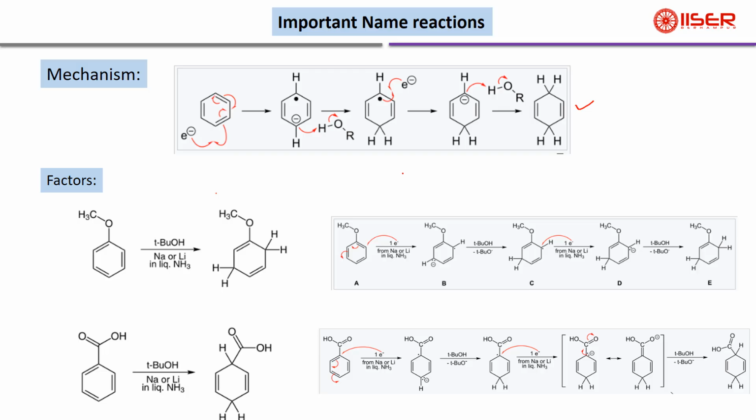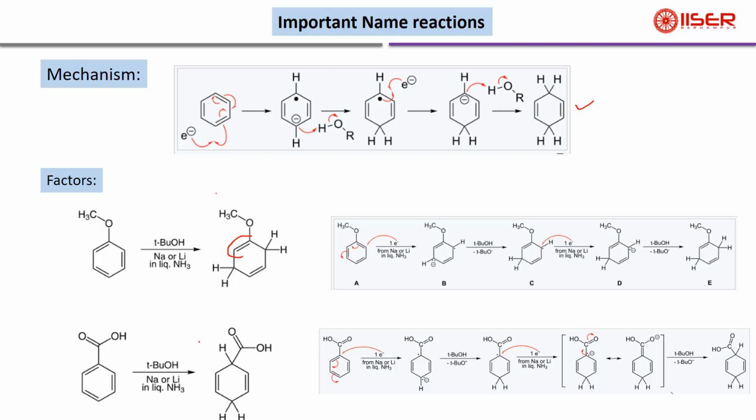So if you have an electron donating group, the electron will be added to the ortho position of that one and it will move in such a way that you get a double bond which is conjugated with this electron donating group, and another just opposite to that.